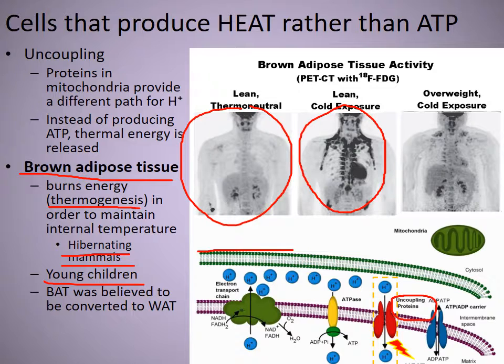And this would help to maintain internal temperatures. Again, when our internal temperature is decreased, there is a chance that our body could go into shock and we can die. What our body naturally tries to do is create heat. And this brown adipose tissue is an example of one way in which our body can create heat.